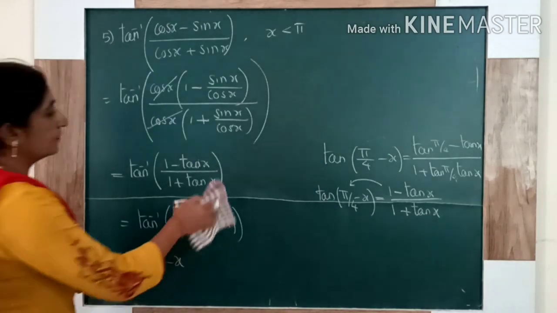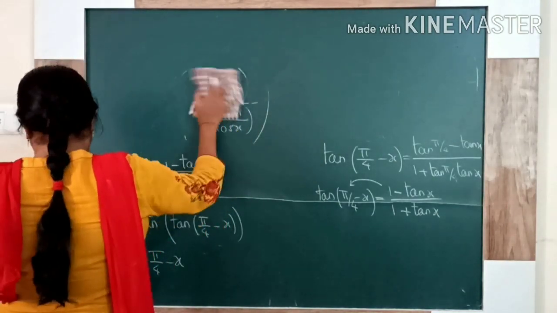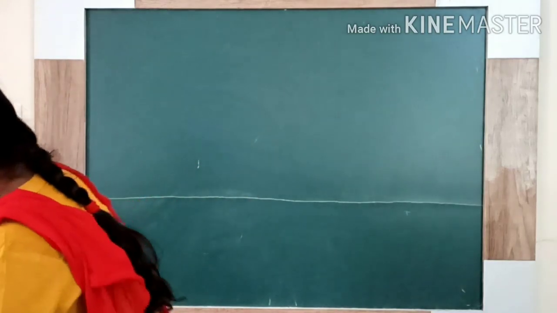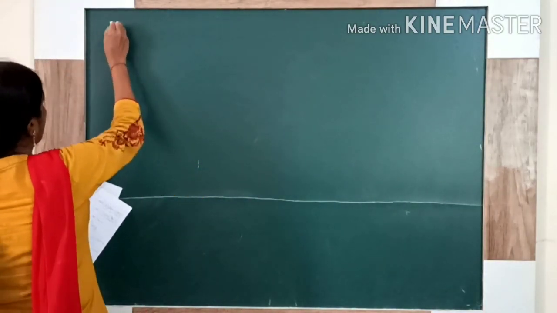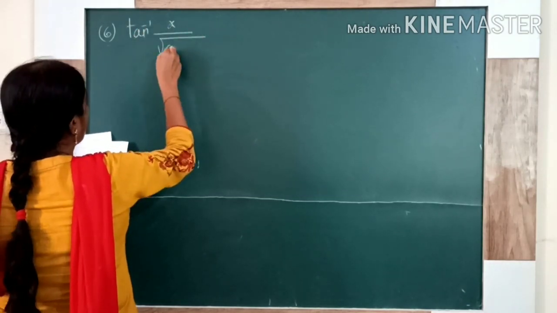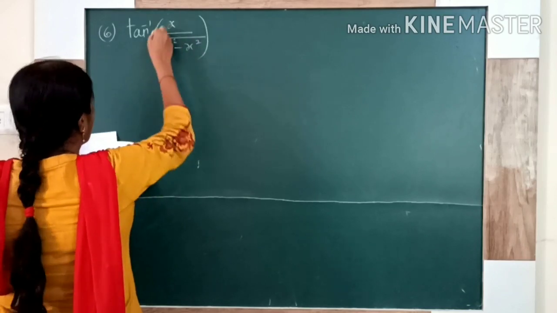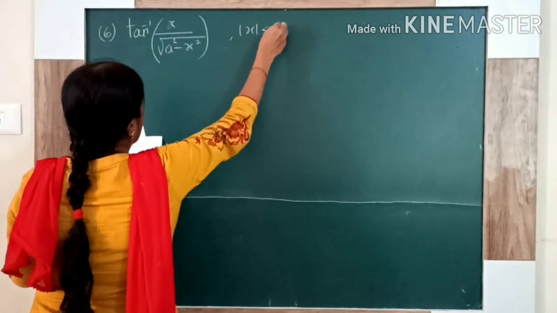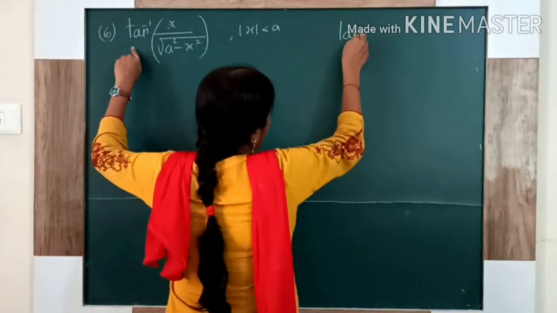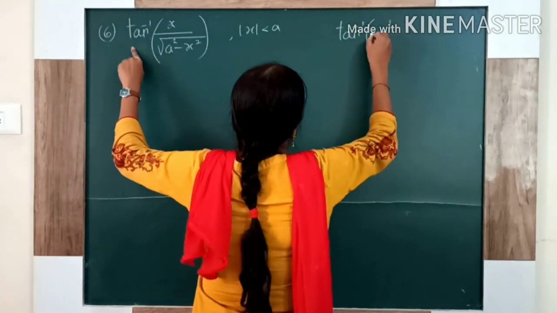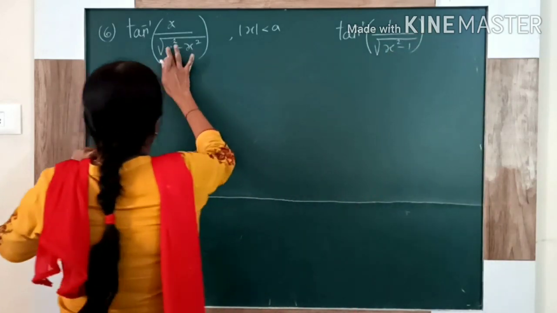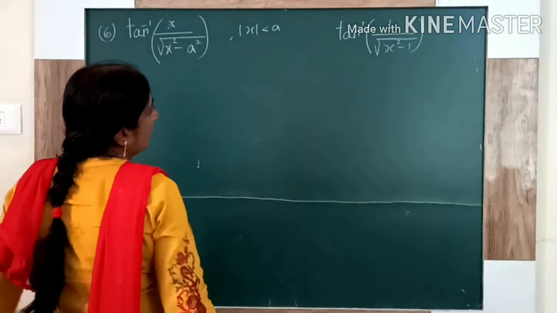Next example. Here all I am giving is to convert into the simplest form. This type of examples I am giving. Tan inverse x upon root of a square minus x square. Previously we had one more example that we already solved, tan inverse 1 upon root of x square minus 1.